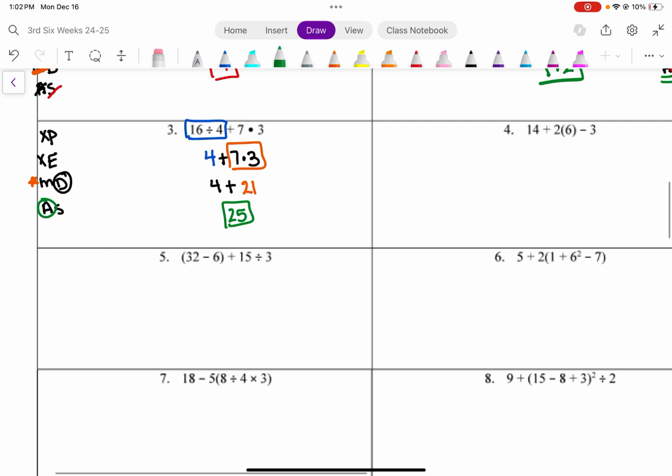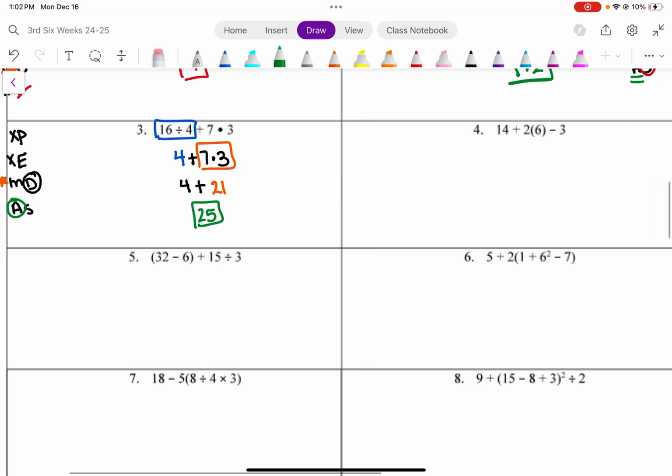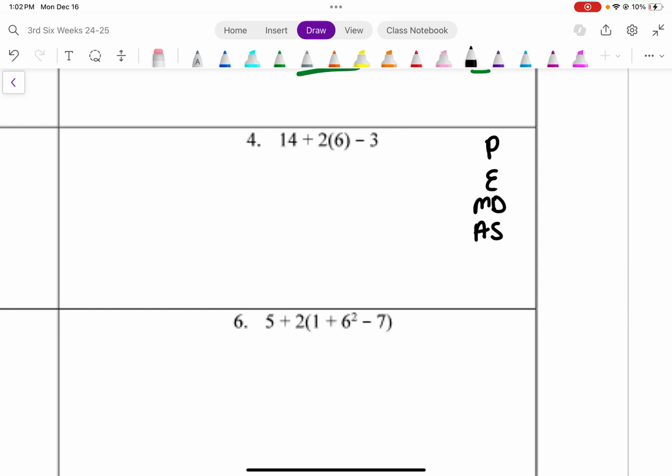Okay, so here is the next one. So I have 14 plus 2 times 6 minus 3. The parentheses around 6 don't actually count for parentheses because it's only around one number. So I'm looking if there's any exponents. There's not. So is there any multiplication?